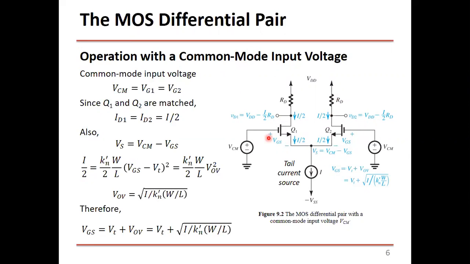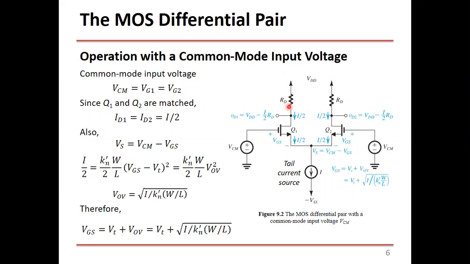The first mode, when you have the exact same signal applied to the 2 inputs. And the second one, we call the differential mode, when you have 2 different signals applied to the 2 inputs.